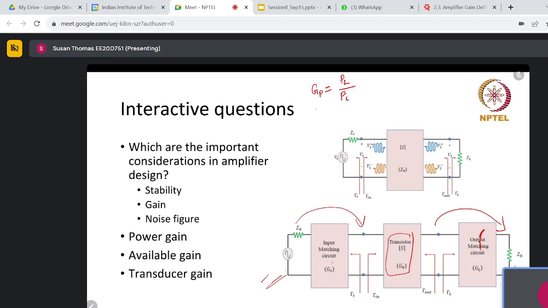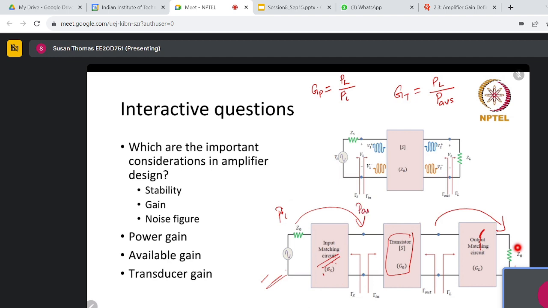Now, what is transducer gain? The transducer gain is nothing but power delivered to the load to power available from the source. That is going to depend on this matching network. Imagine that this is the input power.